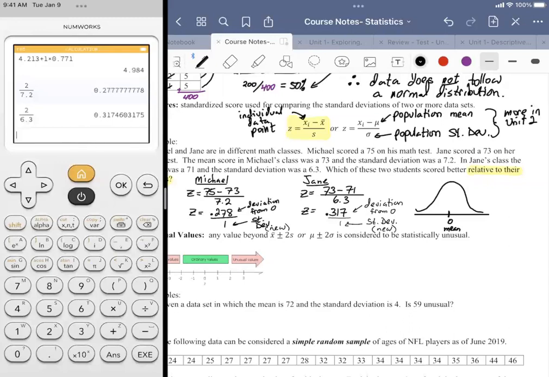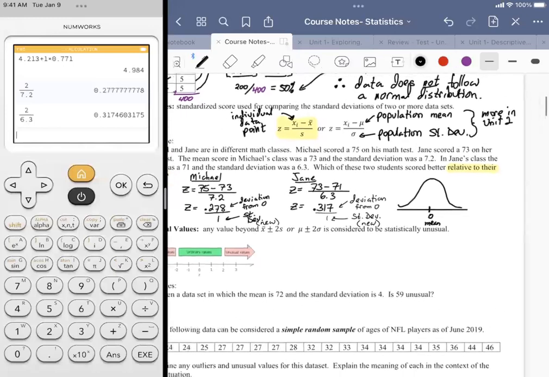All right, so now it becomes an apples to apples comparison. They're on the same scale now. One of them was on the scale of standard deviation 7.2, the other was on a scale of standard deviation 6.3. Now they're both on a scale of standard deviation of 1.